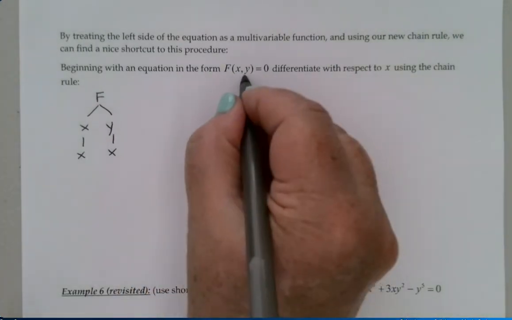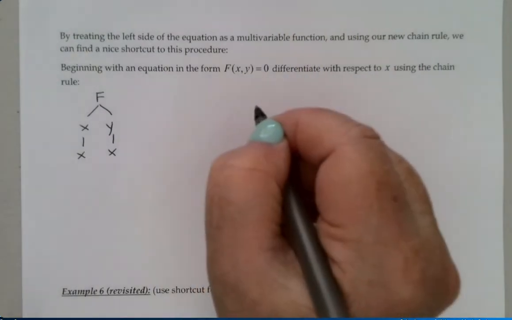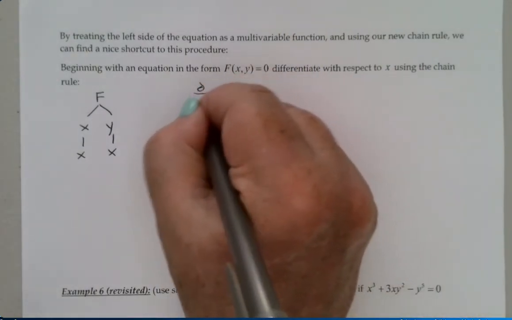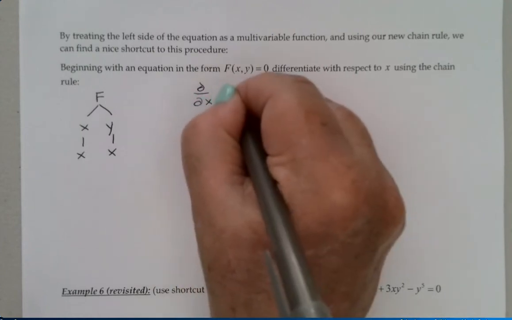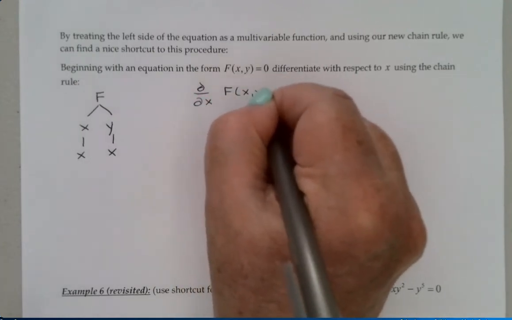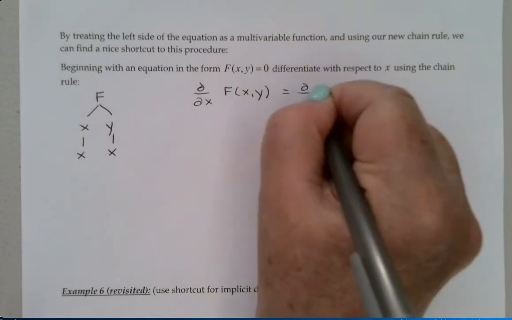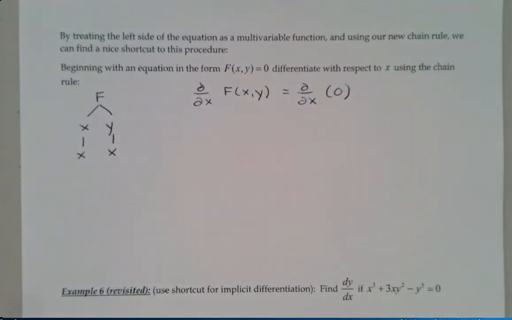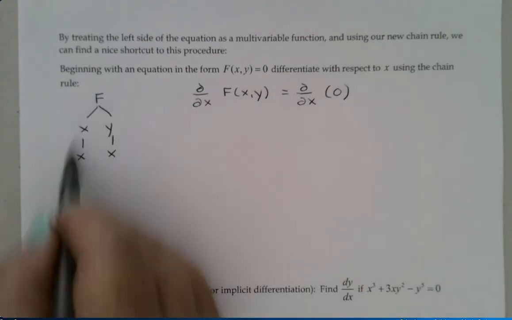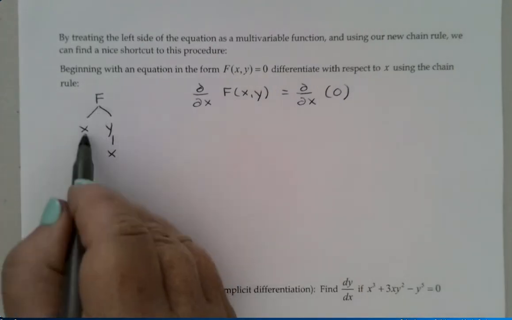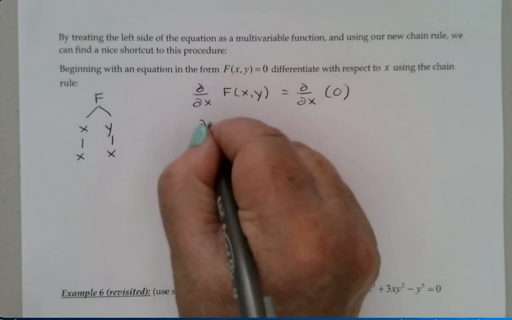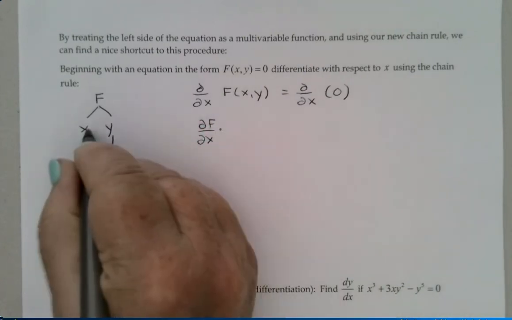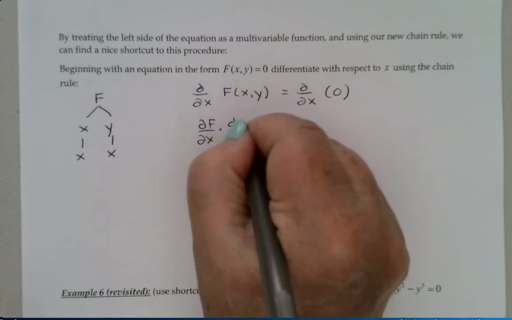So let's see. I'm going to go ahead and take the derivative of both sides with respect to x again. Derivative of both sides. And that derivative, based on my chain rule, is partial of f with respect to x times dx dx.